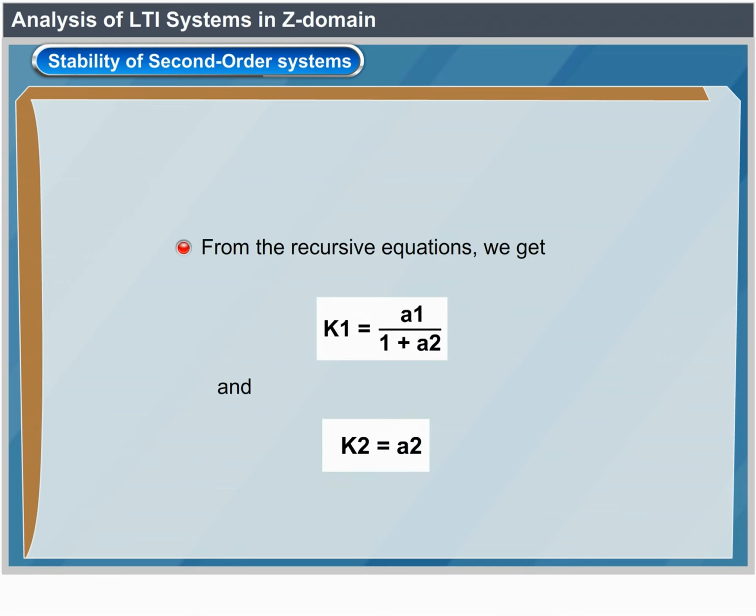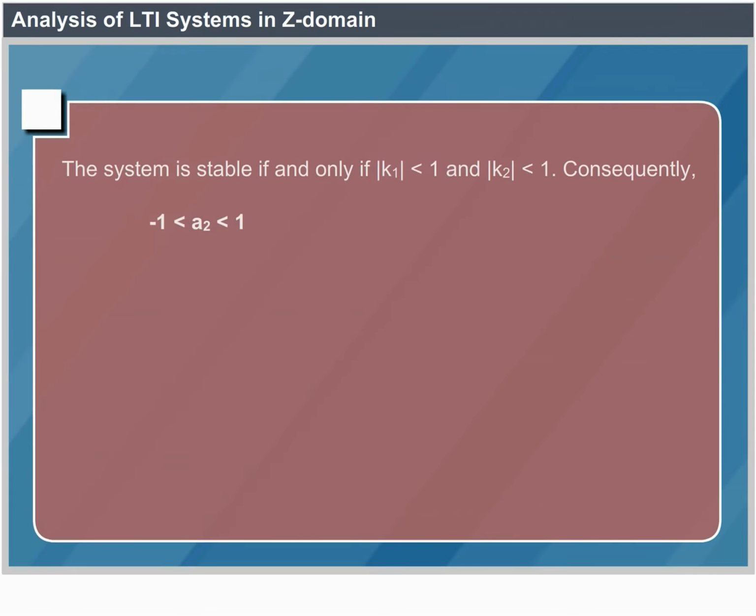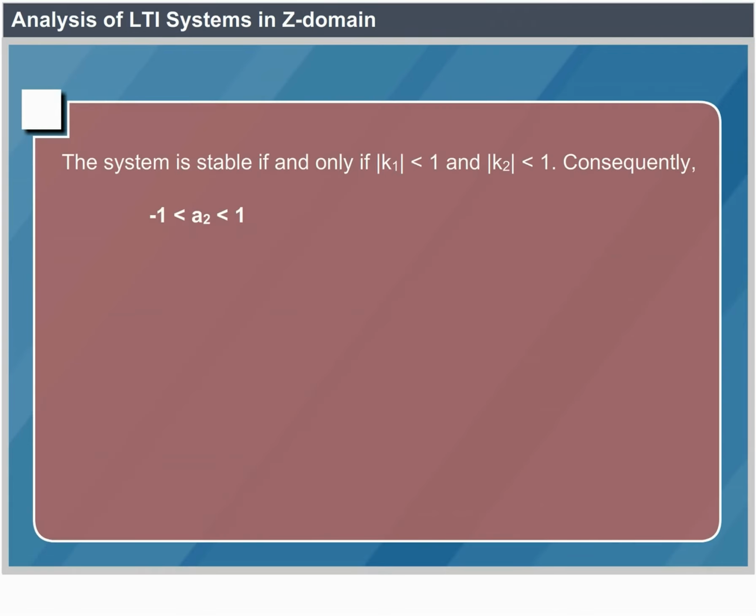From the recursive equations we get K_1 equal to a1 divided by (1 plus a2) and K_2 equal to a2. The system is stable if and only if modulus of K_1 less than 1 and modulus of K_2 less than 1.